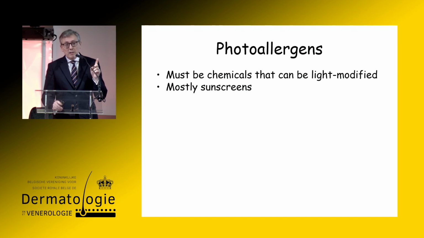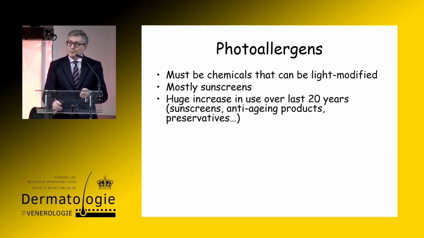So we just need to be a little bit aware, although the risk is going to be rare, that they could get a reaction or a rash with these chemicals. There's been a huge increase in the use of sunblocks, obviously, over the last 20 years. Don't forget, we're telling people to use sunblocks, and maybe this is why the Great Barrier Reef is having problems in Australia, because lots of these chemicals are leaching into the environment and causing environmental damage.